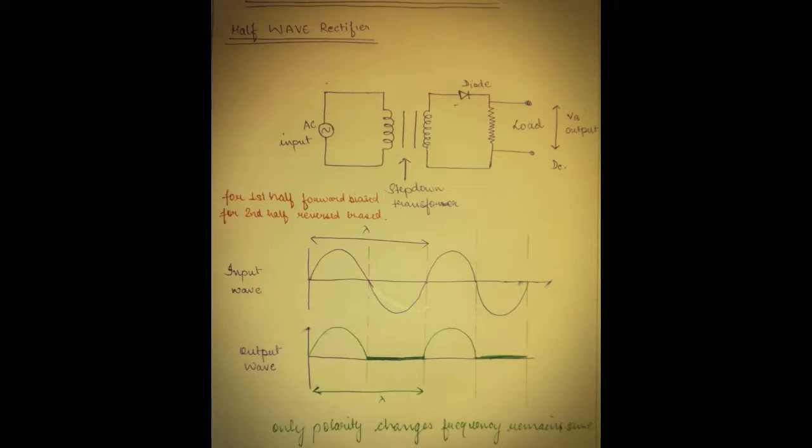For the next half cycle, polarity gets changed or reversed, and now the diode will be in reverse bias condition, and hence no current will flow through the load, and we get zero output. In this way, we get a pulsating DC output whose frequency is same as that of the input frequency.